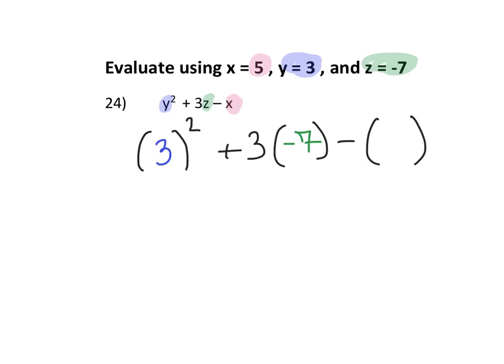My x has a value of 5. So in the parentheses, I have a 5. From here, you could type this into your calculator, or here I'm going to go ahead, type it in, and we get negative 17.